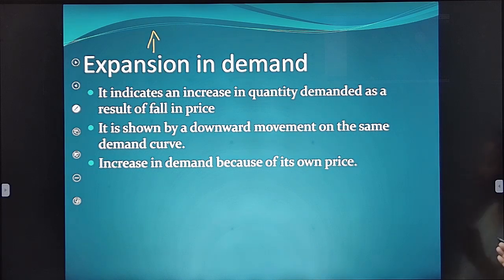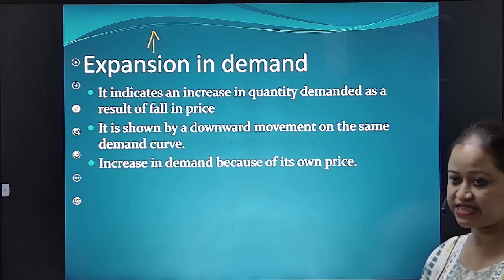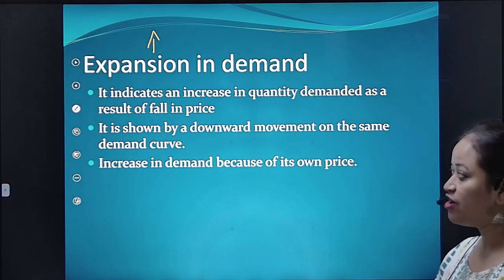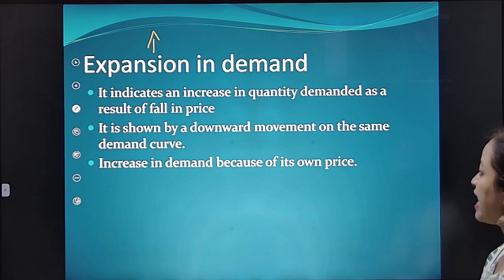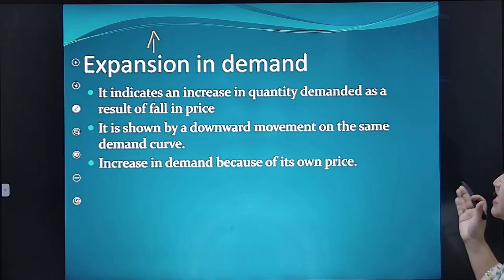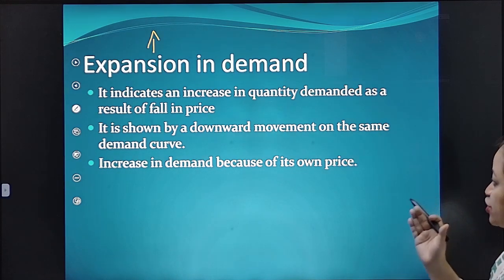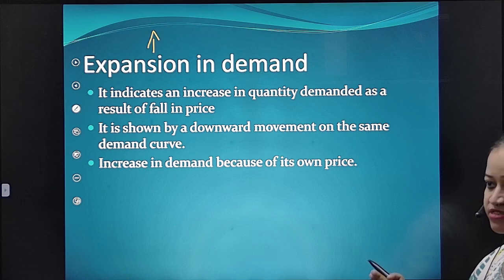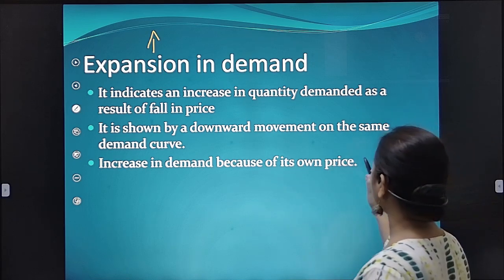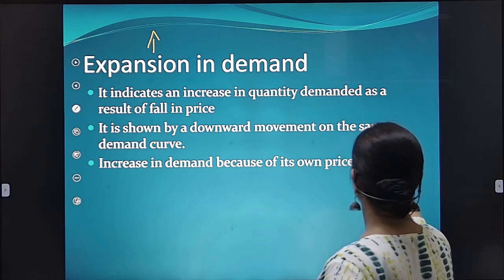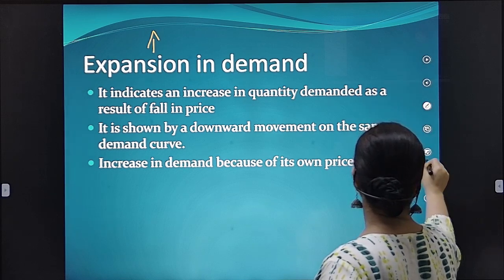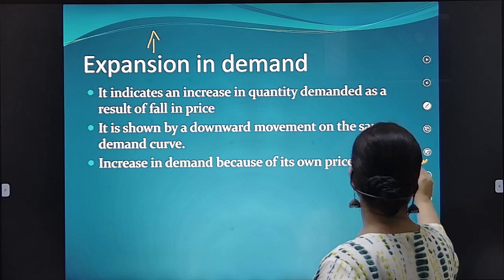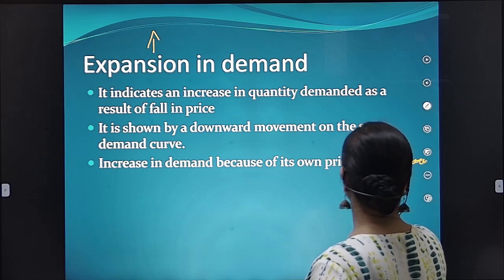Expansion in demand means an increase in quantity demand as a result of fall in price. It is shown by a downward movement on the same demand curve. Increase in demand because of its own price, but not because of other factors.